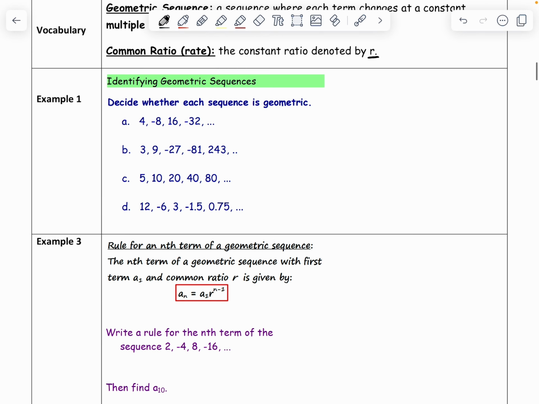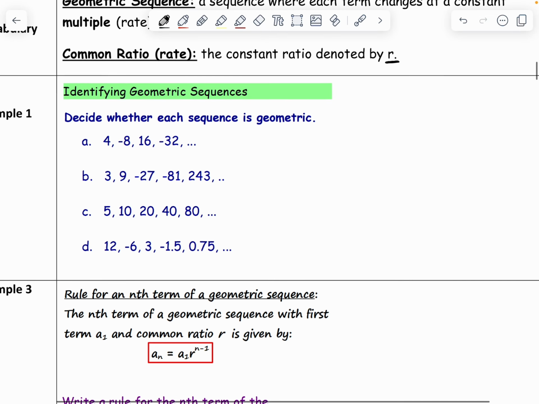So let's look at a couple patterns here of numbers and decide if this sequence is geometric or not. So we have this first pattern, which goes 4, -8, 16, -32. So you can see that it's clearly a pattern. We could predict the next number, and our goal is to decide how is it changing in between.